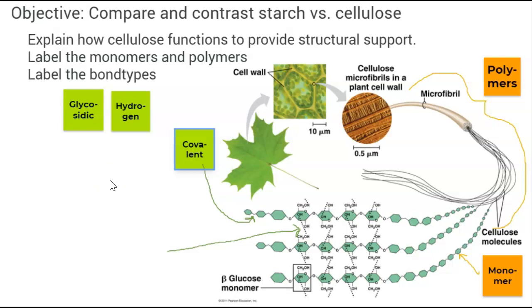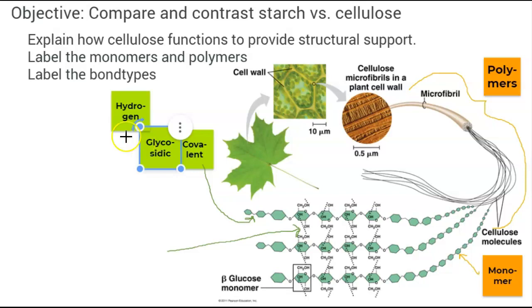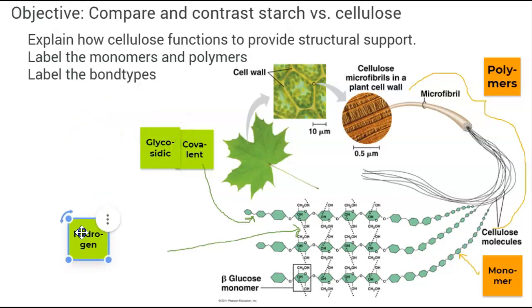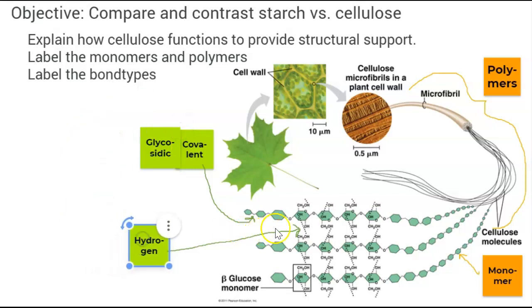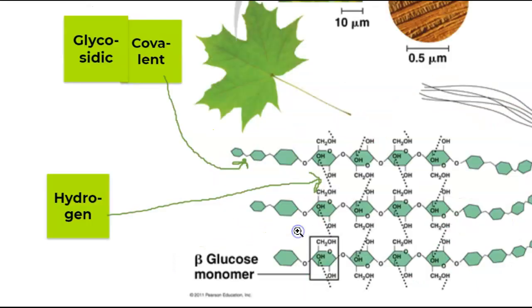It is a specific type of bond, and it is a covalent, but it has a specific name, and that happens to be glycosidic. So the glycosidic is just a specific name for covalent bonds within these carbohydrates. And then the ones that are drawn as dots, those are your hydrogen bonds in between the two molecules. And I'm going to zoom in on that section just real quick.